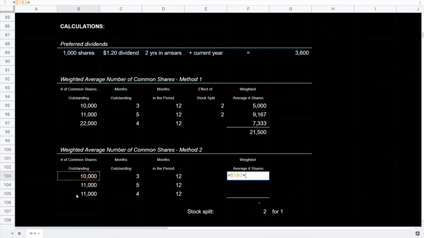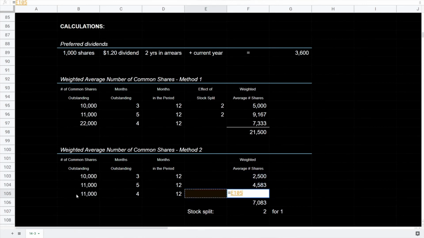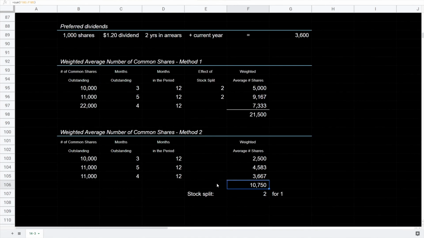If we multiply the 10,000 for 3 months out of 12 months in the year, we get 2,500. We could drag that down and get 4,583, and I'll just do this last one here by hand. So we have a weighted average of 10,750 before applying the effect of the stock split.